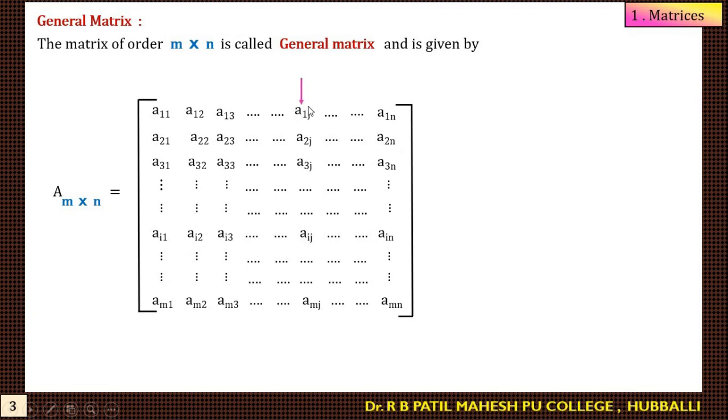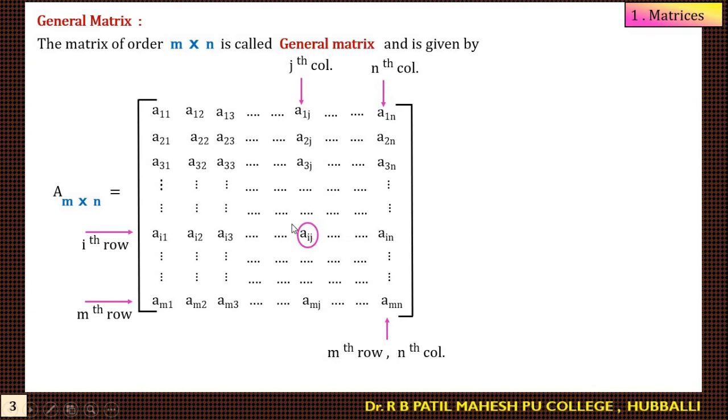And in this matrix, these are the jth column elements, and this is the nth column, and here this is the ith row elements, and these are the mth row elements, and this is the mth row, nth column element.